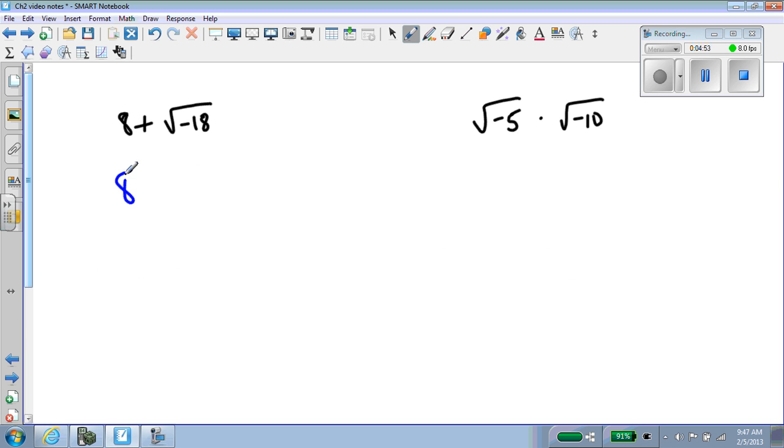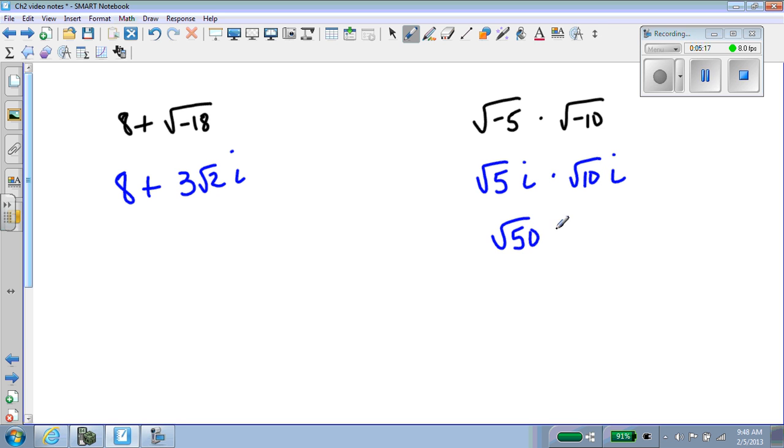This would be 8 plus, let's see, square root of 18 would be 3 root 2, but it's negative 18, so i. This would be, let's see, square root of 5i times the square root of 10i, which would be the square root of 50i squared, which would be 5 root 2 times negative 1, so negative 5 root 2.